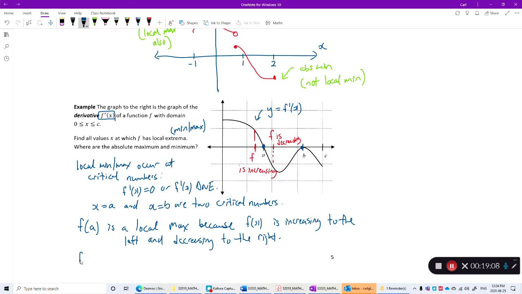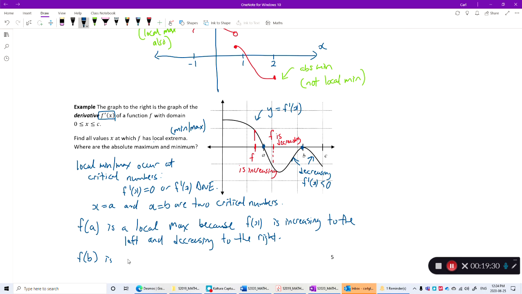Okay, similarly, f of b is a local, no, actually we have to be careful here. f of b is neither. This is the derivative, remember? So f prime of x is negative on both sides of b.